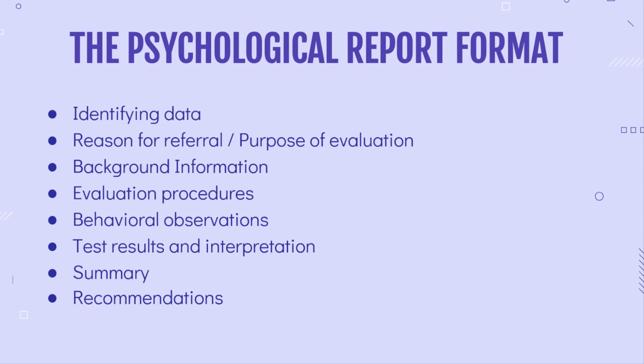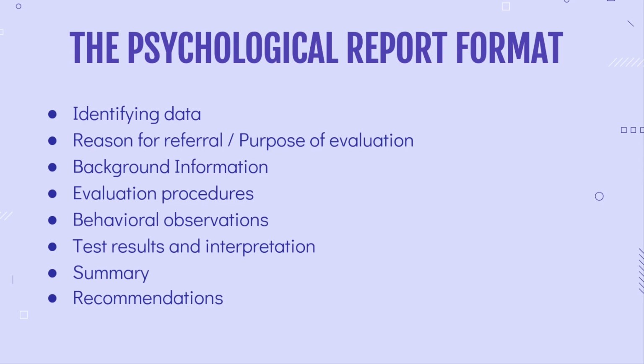Next is the summary, so you're going to summarize the test results. What are the significant test results that would answer the behavioral observation and the referral question? In the summary, you need to answer the referral question already.